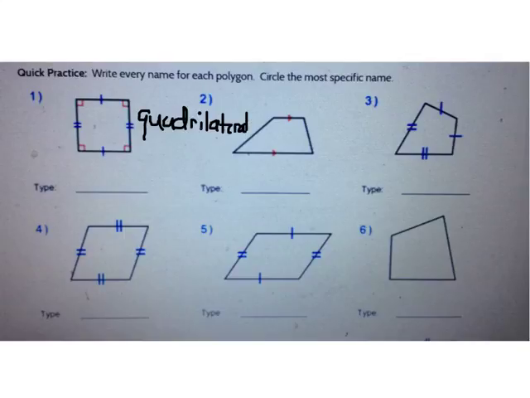Is number 1 a trapezoid? No, it has more than one set of parallel sides. Is number 1 a parallelogram? Yes, it has 2 sets of parallel sides. Is number 1 a rectangle? Does it have 4 right angles? Yes.